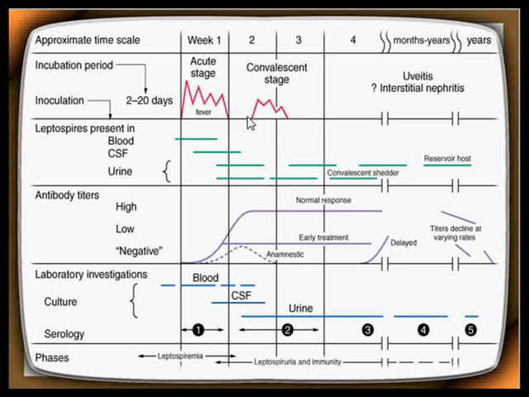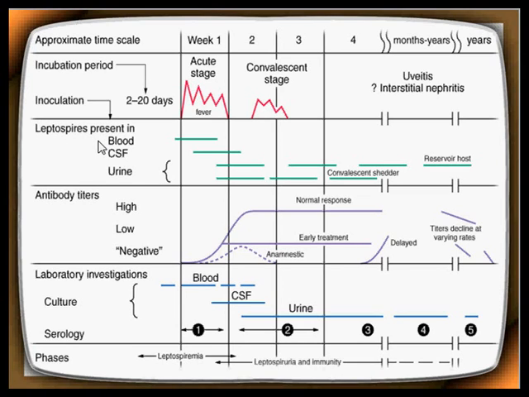Then there will be a lull of about 2 to 4 days, during which there will not be any fever, and the patient feels better. Again a second spike of fever occurs in the convalescent stage. This is called the immune phase. The rarer complications of chronic features like uveitis and interstitial nephritis occur months to years after the initial infection.